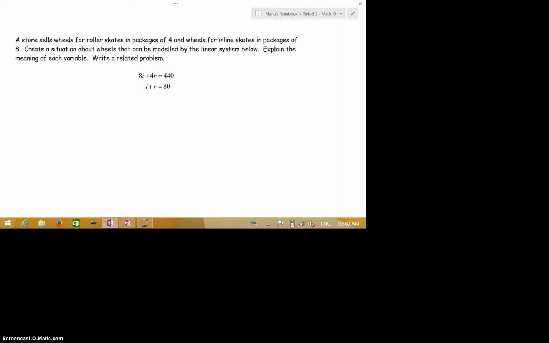Create a situation about wheels that can be modeled by the linear system below. Explain the meaning of each variable. Write a related problem. So this time I've given you the variables and the equations. You want to create your own word problem. So I'll give you a few minutes to try and think of a word problem that matches up with that set of equations. Make sure it properly matches up. And then define what each variable is going to represent. So I'll give you a few minutes to think about that.